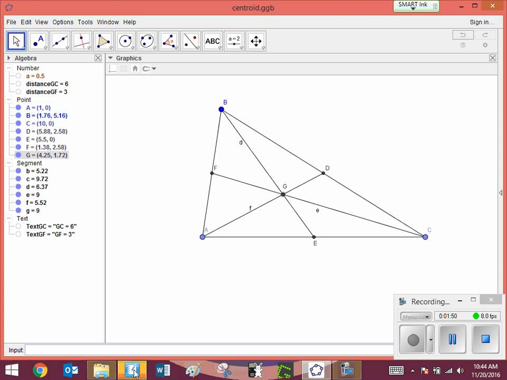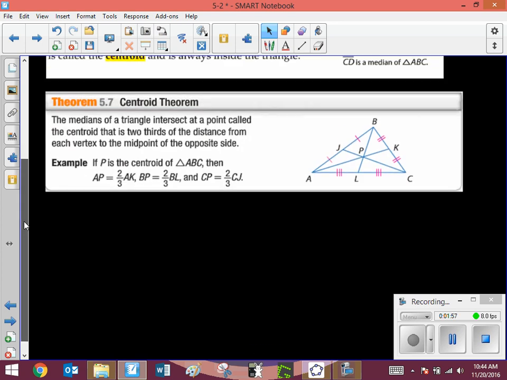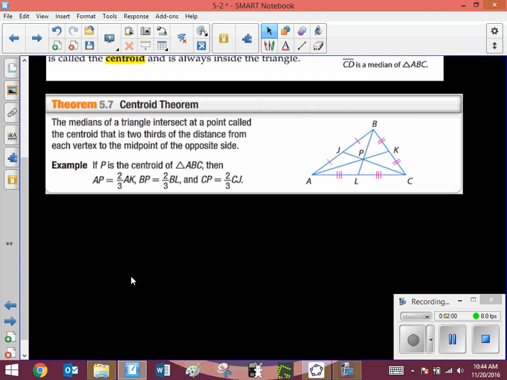Now the interesting thing about a centroid is this theorem right down here. Extend my page so you can see it here. If I take one of these medians, let's say I focus on AK, I'm going to highlight it for us so you can see that. If they give me the length of AK, I'm going to know that this segment right here, AP, I'll put a couple tick marks on it so you can see it, is 2/3 of the whole thing.